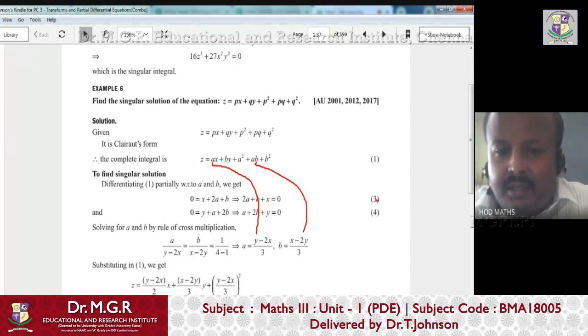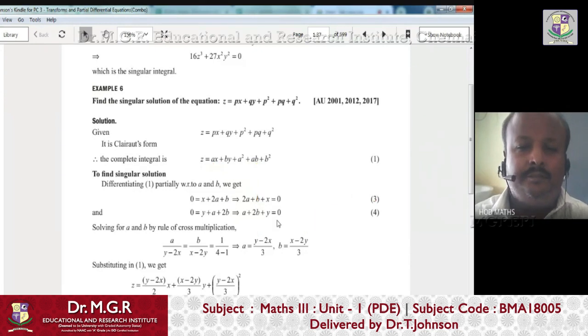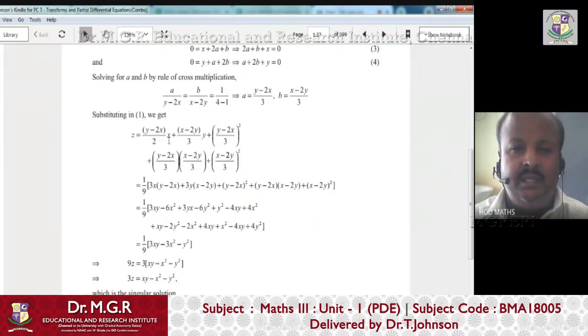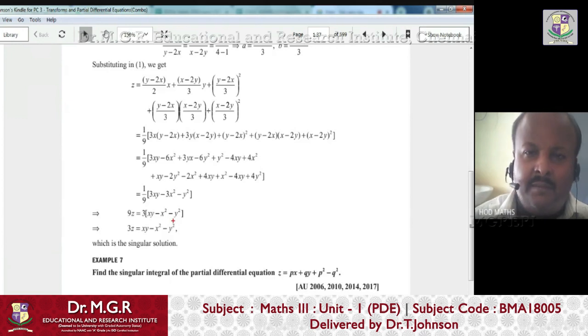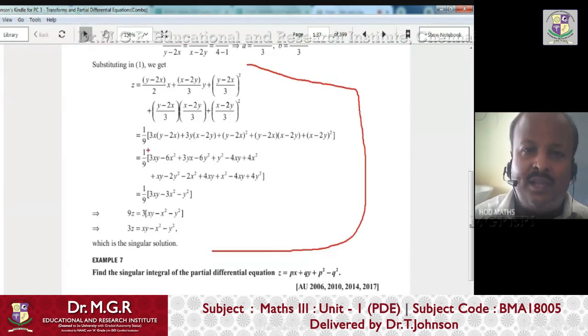Then automatically you will get this equation, and do some simplification. Right? Finally you'll get a nice equation. But if you see from here to here, only x, y, z are there. There is no arbitrary constant, there is no arbitrary function. So this is the final solution.